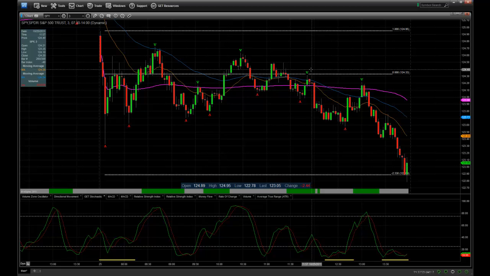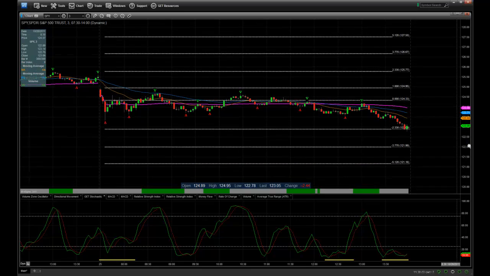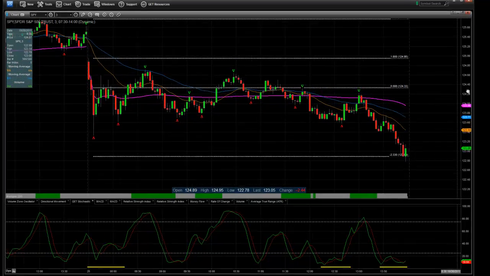So the longer you have it, the more interesting it is as a trading tool or an aid as well. I found it a big help, and it's amazingly true. My software draws these opening ranges automatically, and it draws fib lines off of that above and beyond. If I really shrink this down, you can see where all these lines come in, and it's amazing how often they come into play.